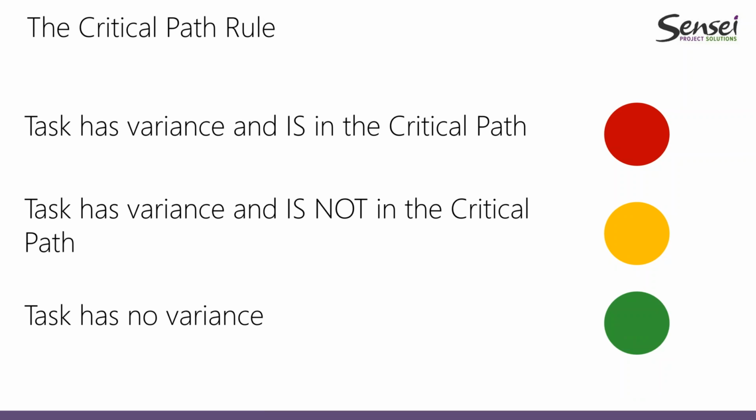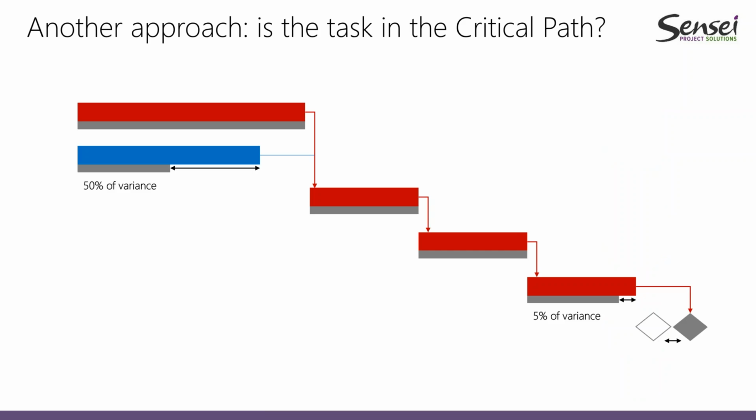The next slide will provide us with this particular scenario. For example, we still have that particular task with 50% of variance. However, that task is not in the critical path, so we can deal with that. However, the last task in our schedule now also has a variance, but this variance is smaller compared to the previous one.